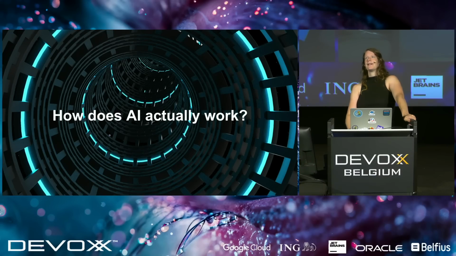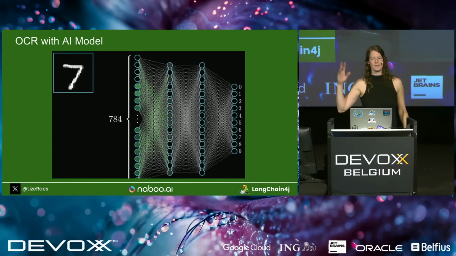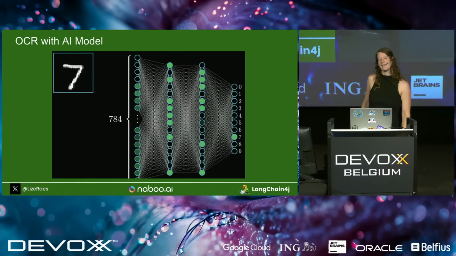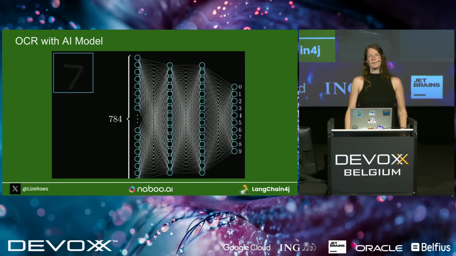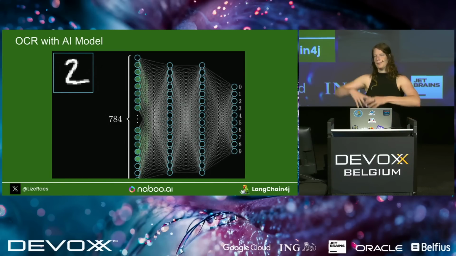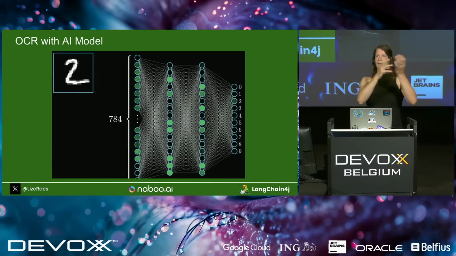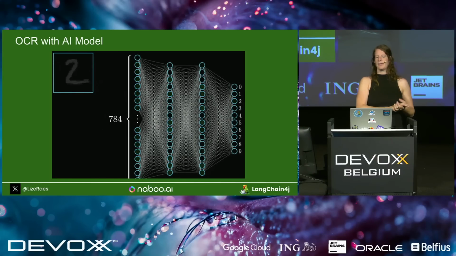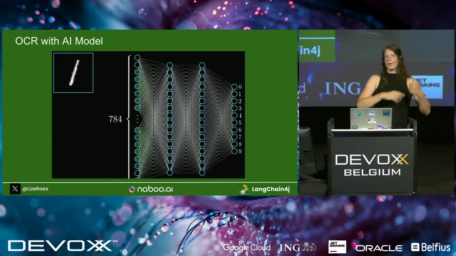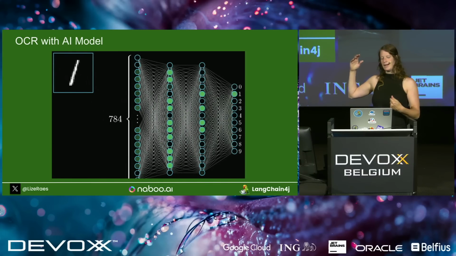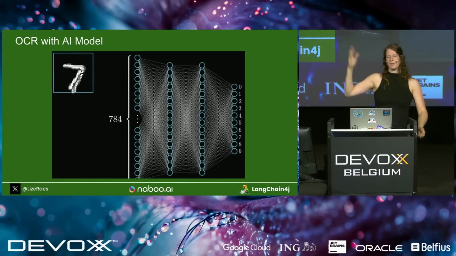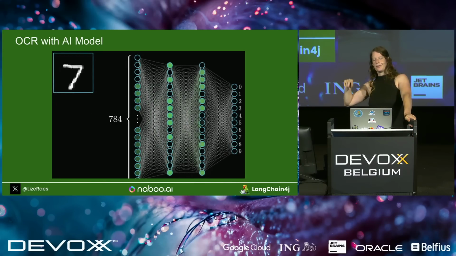So how does AI work? I'm not going to do the whole explanation. I just liked this GIF. It shows optical character recognition. So simplified, whatever input you have, in this case, a picture of a character, so the pixels, but it can be text, it can be anything else, is put on a lot of nodes, and then it transfers through this neural network that you can see here.